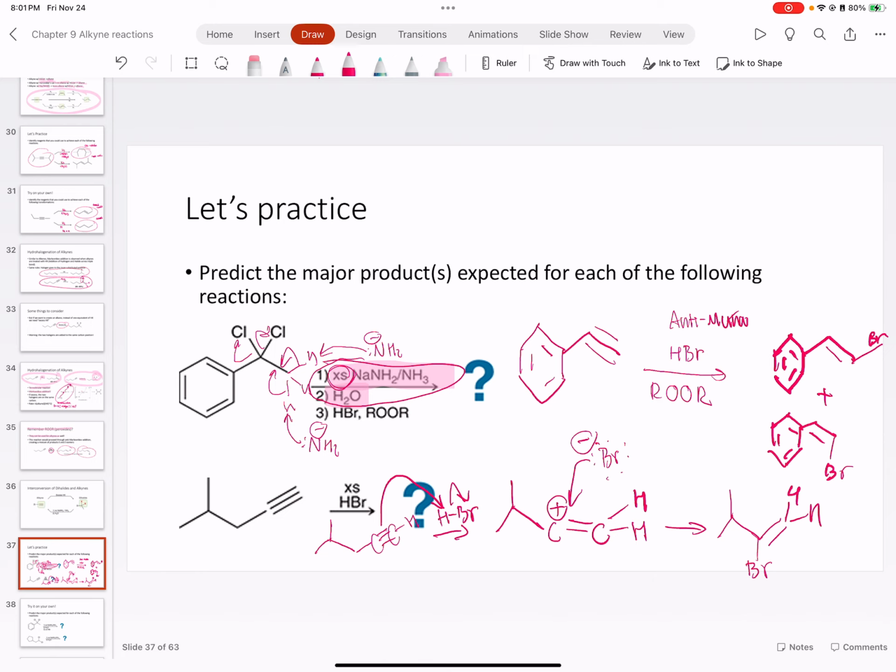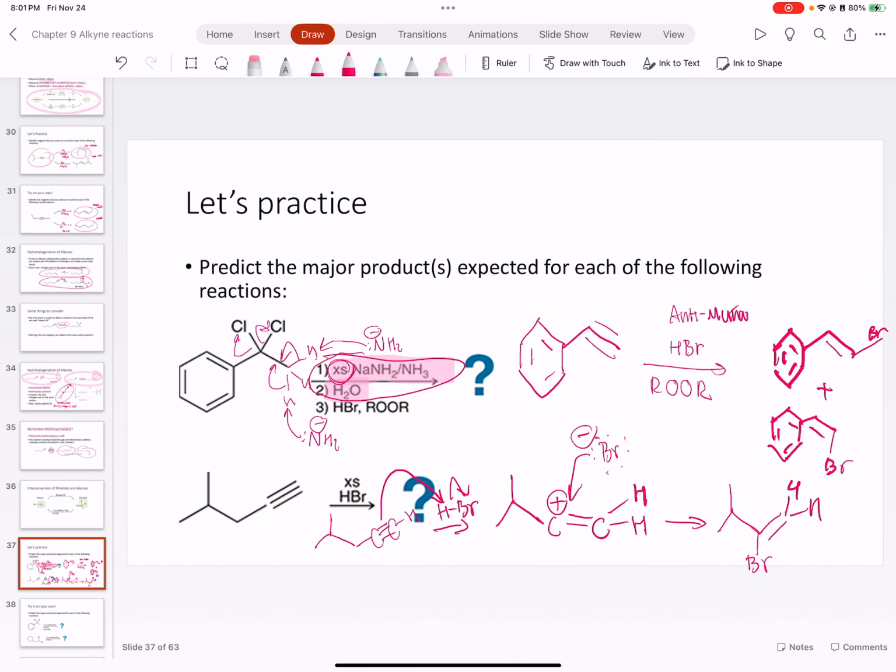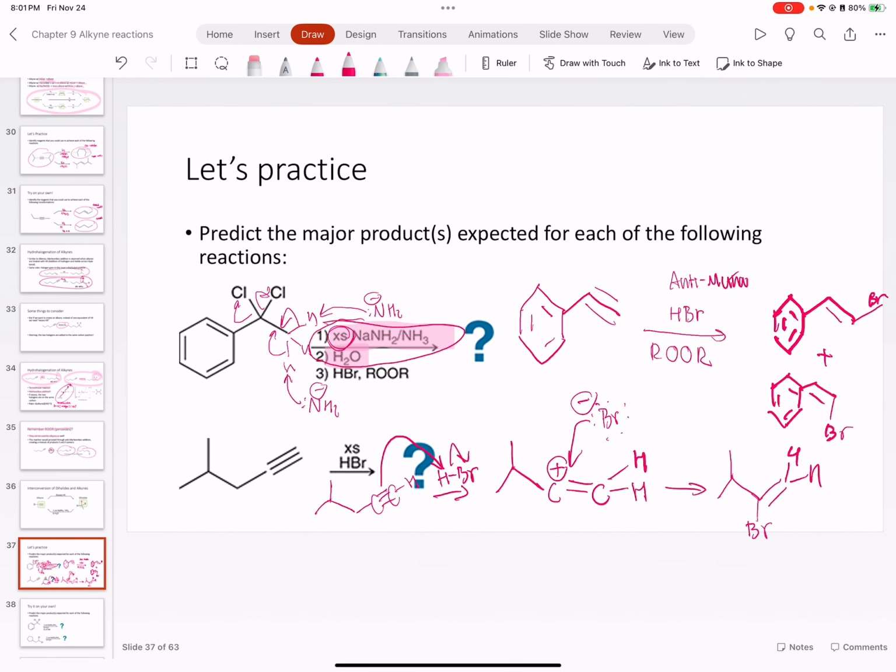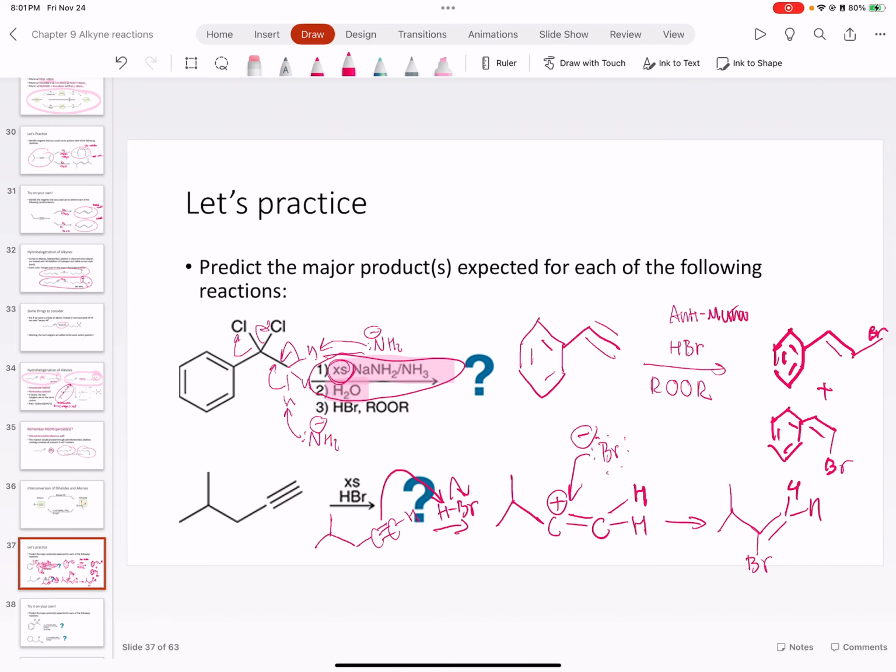And then we will repeat the same action. HBr. This one's gonna take from it, this one takes from it. I'll get something like this, a positive.